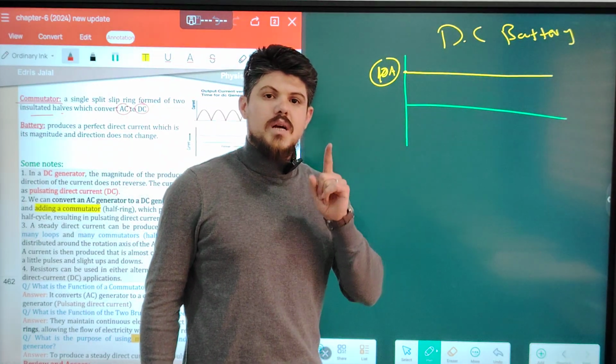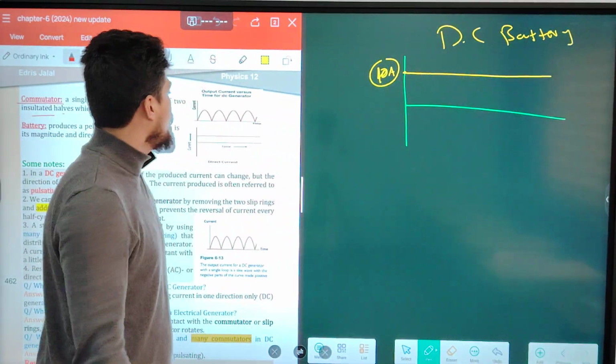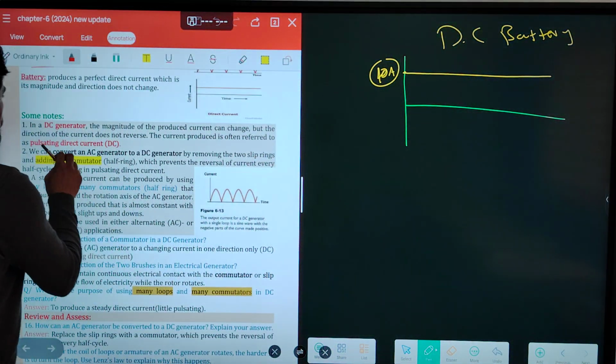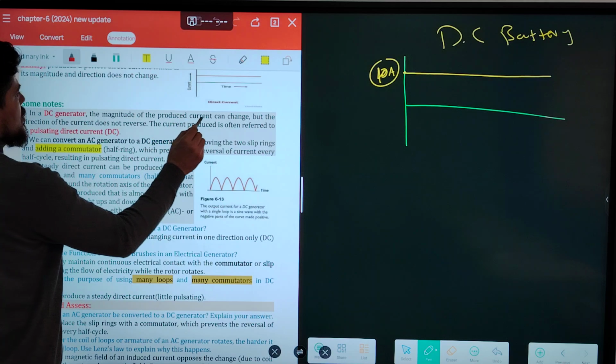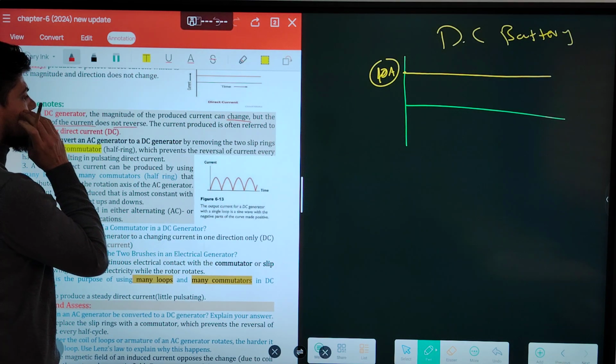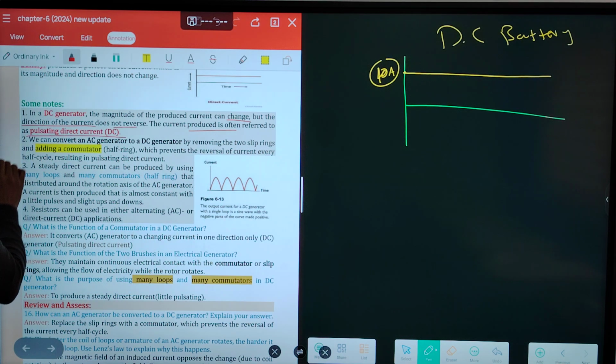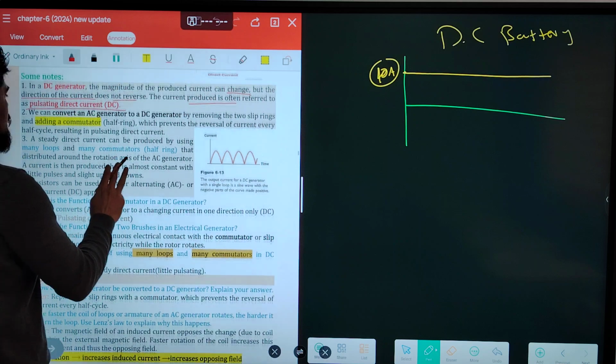The magnitude and the direction of the current stay unchanged, or constant. In a DC generator, the magnitude of the produced current can change, but its direction doesn't change, it does not reverse. The current produced is often referred to as pulsating direct current. This current is called pulsating direct current.